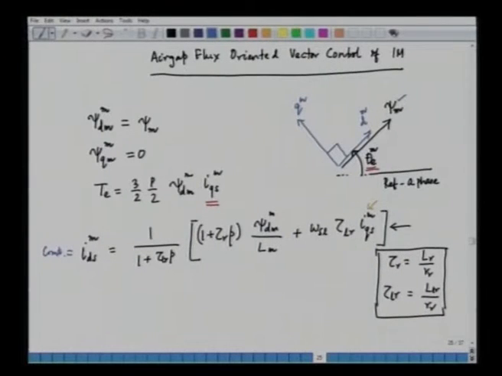The second equation that we have derived is the equation for slip speed.